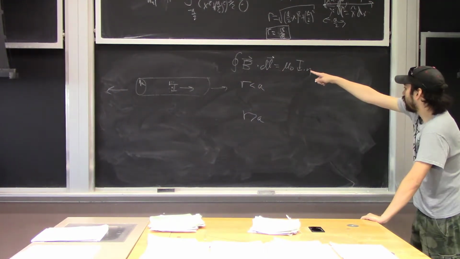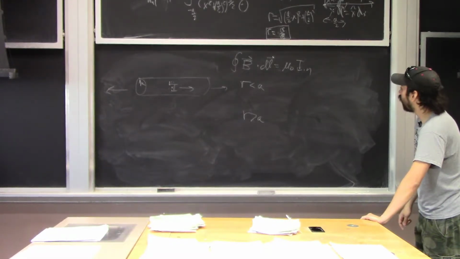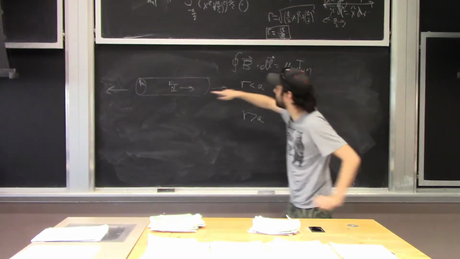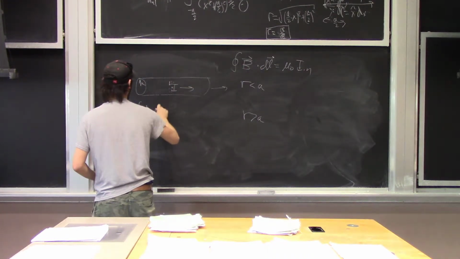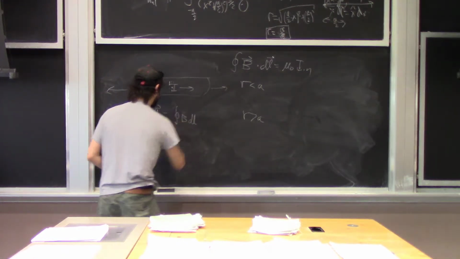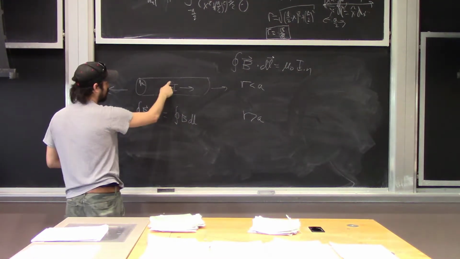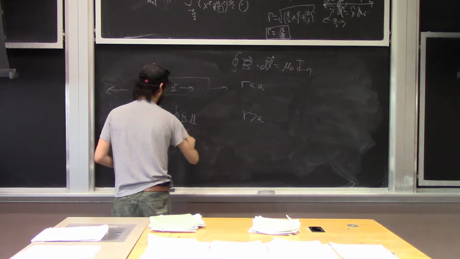Okay. So let's evaluate the left-hand side of Ampere's law. And so what we see, because of the choice of the loop that we have, this integral of B dot dl is going to reduce to the integral of B times dl. And because the magnetic field has the same value at every point around this loop, I can pull it outside of the integral.